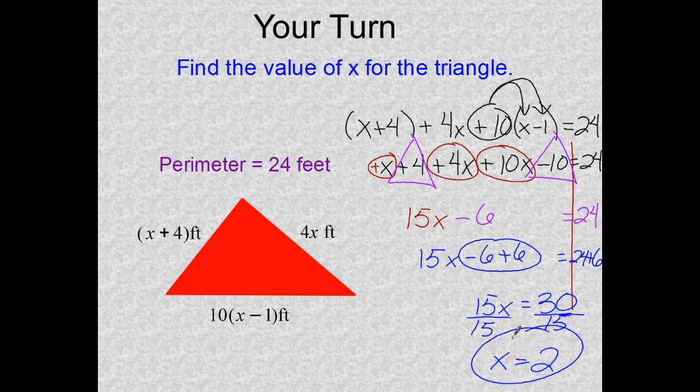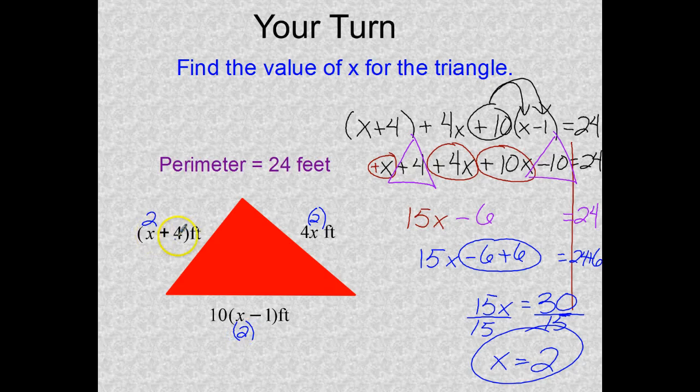Now, if you want to find out the actual measurements of each of the three legs, the problem didn't ask you for that, but you can do this. X is equal to 2, so you would just come back into the problem and substitute a 2 in wherever you see them, and you can find the measurements of each of these sides.